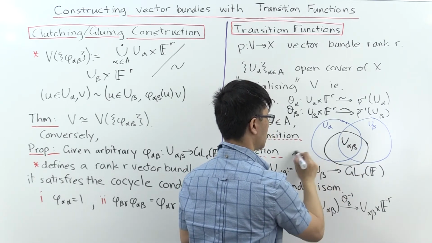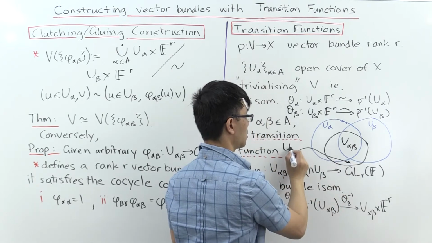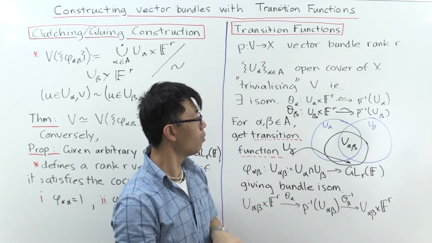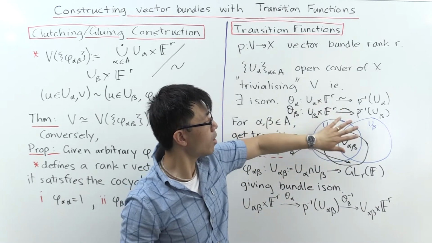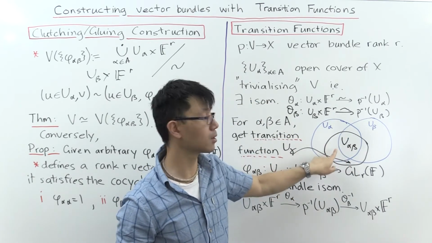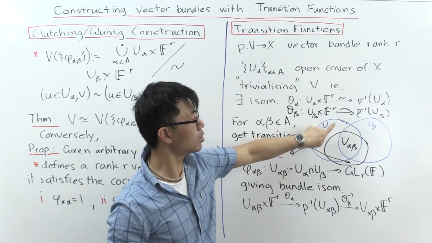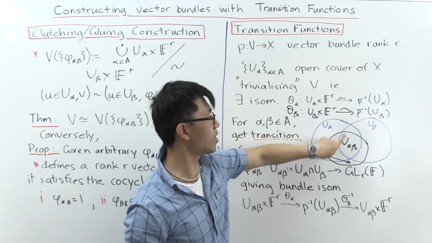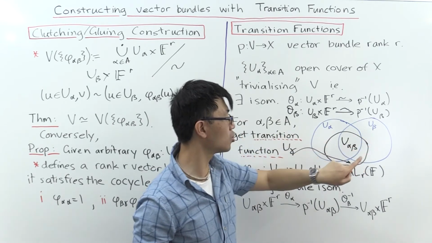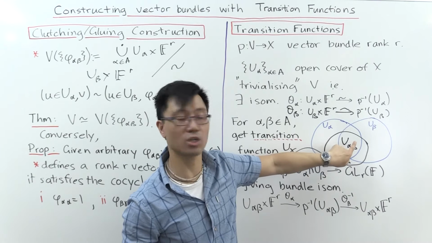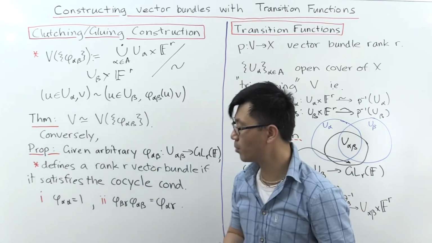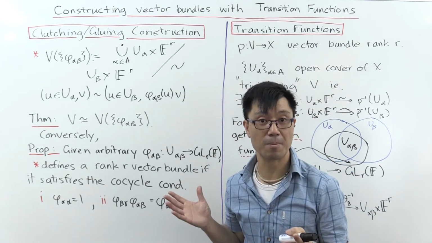Well, you can glue the trivialization above U alpha directly to U gamma, but that should be the same as if you glued the trivialization above U alpha to U beta first, and then U beta to U gamma. So this is something that you can do on the triple intersection, and you want to make sure that on the triple intersection those two things are the same.